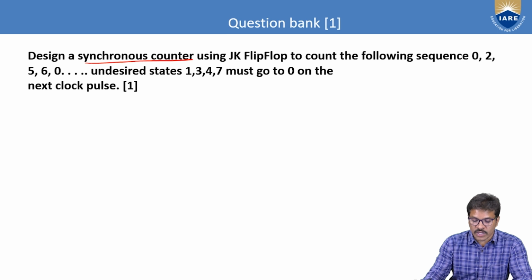In this kind of problem, first of all we determine how many states there are and how many flip-flops are required to represent them. Here 6 is the maximum visited state, and 1, 3, 4, 7 are the states not visited. The maximum is 0 to 7, so 3 flip-flops are enough, with 3 variables to represent them.